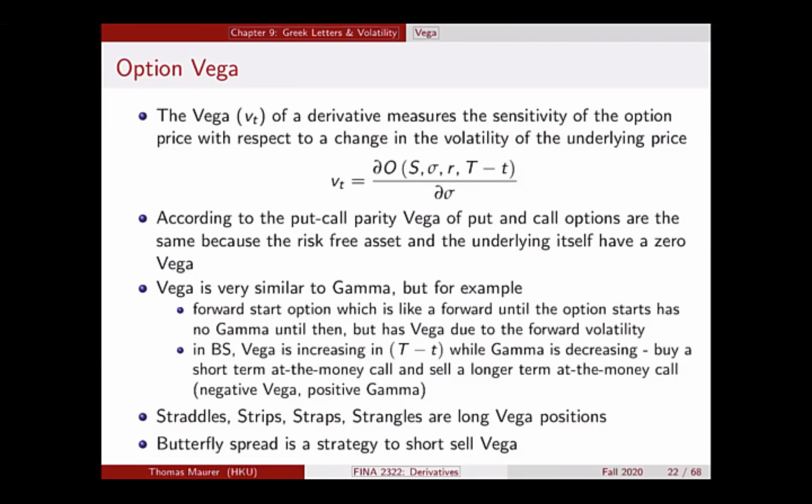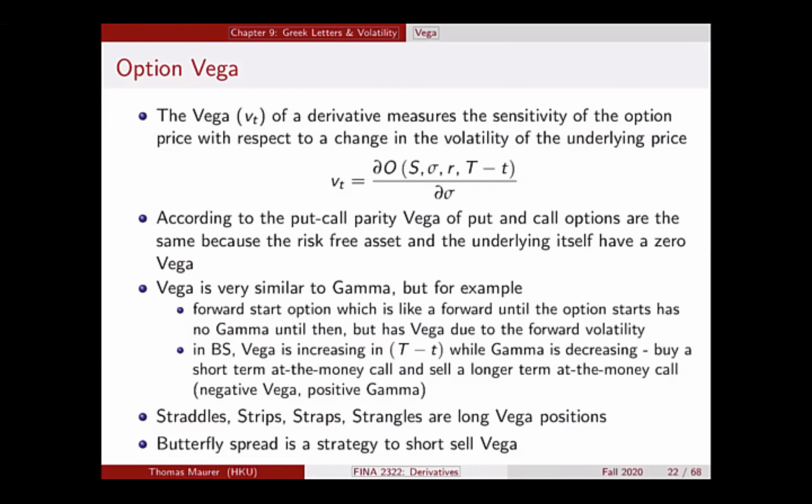And again, if you look at the put-call parity, where the put is equal to the call price minus the price of the underlying asset, dealing with dividends and lending some money, then if you take the derivative with respect to sigma, well, the underlying asset, keeping S constant, doesn't change as I change sigma a little bit, and the risk-free asset doesn't change as I change sigma. So therefore you see again that put and call options both have exactly the same Vega. They change the same as the volatility changes a little bit.